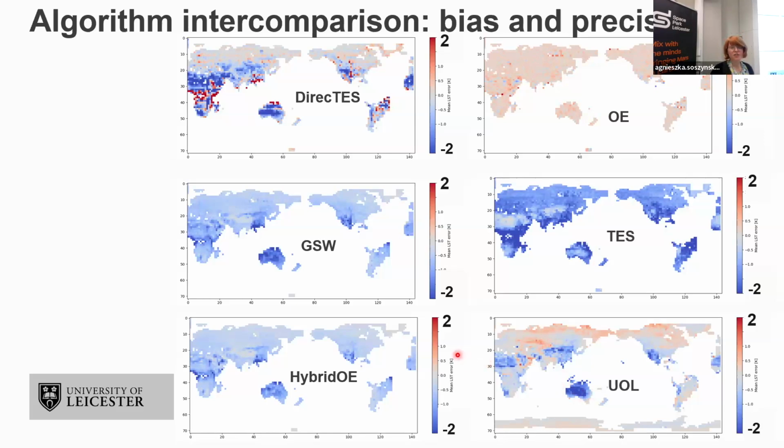Then you see TES, which is consistently negative in bias. I think there are very few values where the biases are positive, somewhere around the desert areas. On the other hand, OE is consistently positive, and there is quite a low variation of that bias. So this is one thing to remember: the errors can differ geographically, in different conditions.